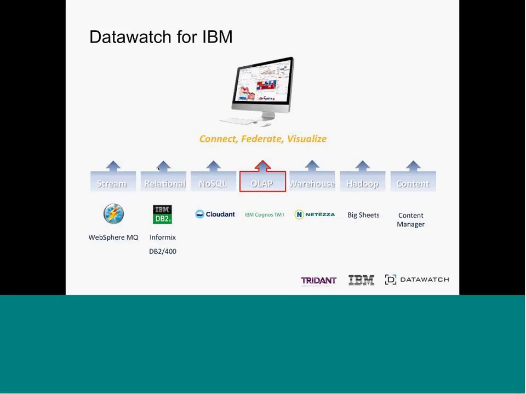So connectivity through relational databases, and through Cloudant and NoSQL. We also have a good connecting point with the content manager. So content through IBM CMOD, we can now connect to all of the documents that are stored in IBM CMOD.